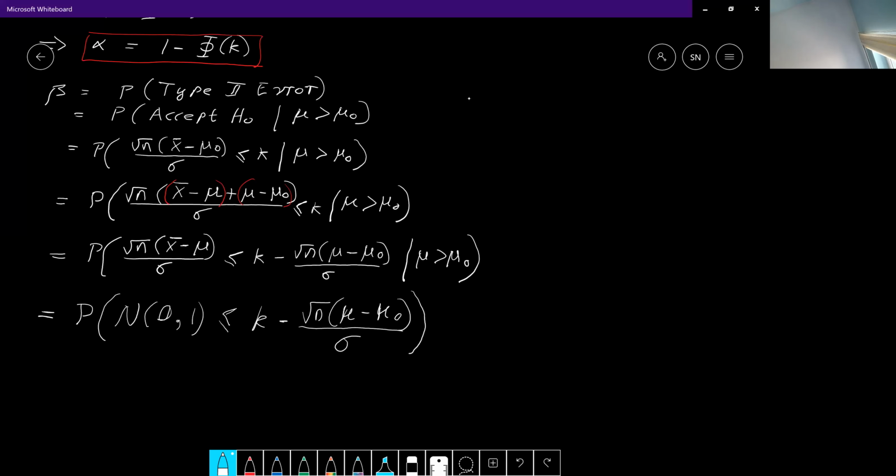Okay, that's because of the same argument in the red box, and this, the probability that N(0,1) must be equal to Phi. Phi is the CDF of the standard normal at k minus root n.